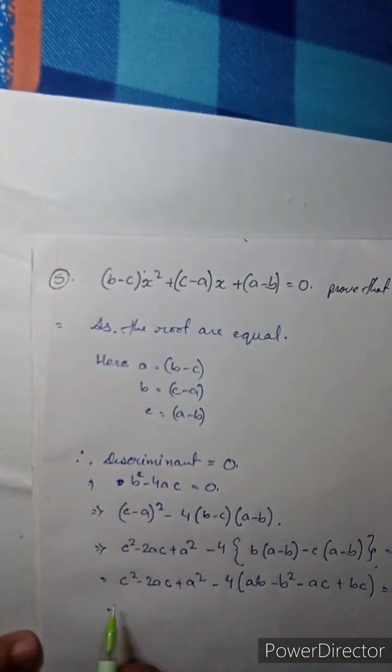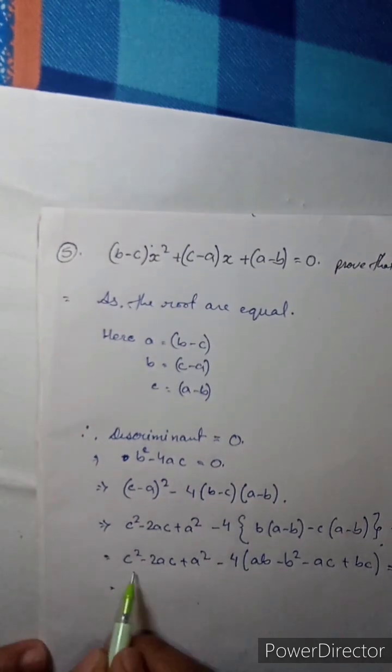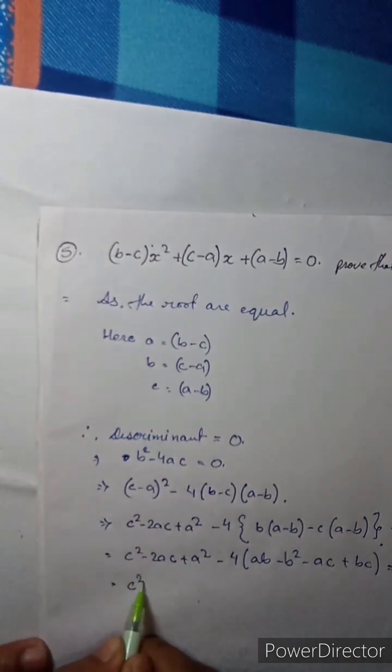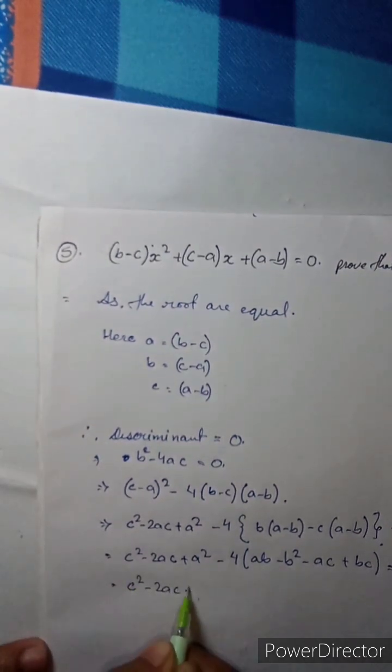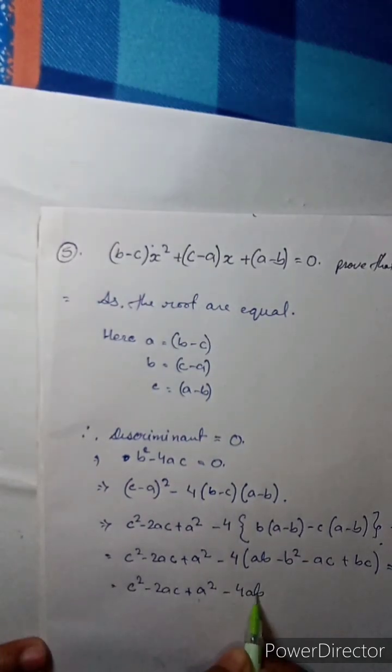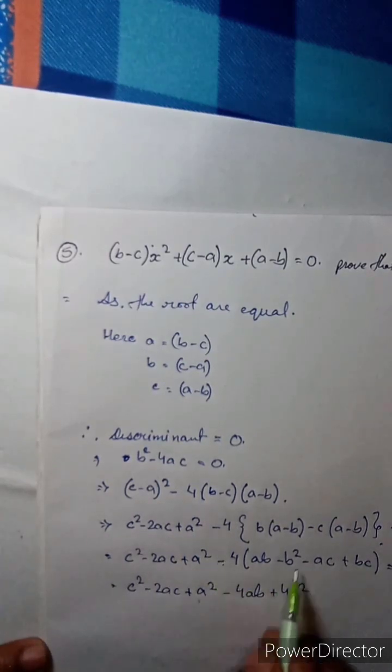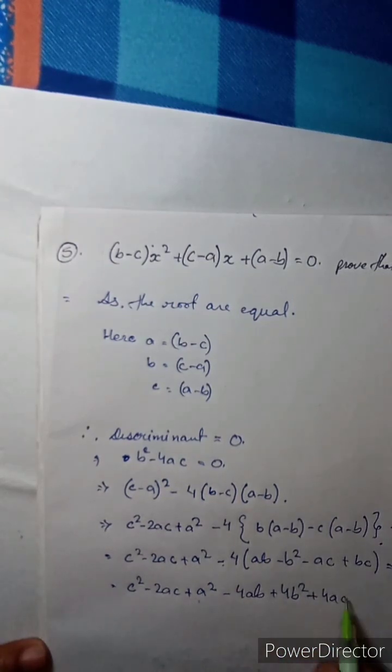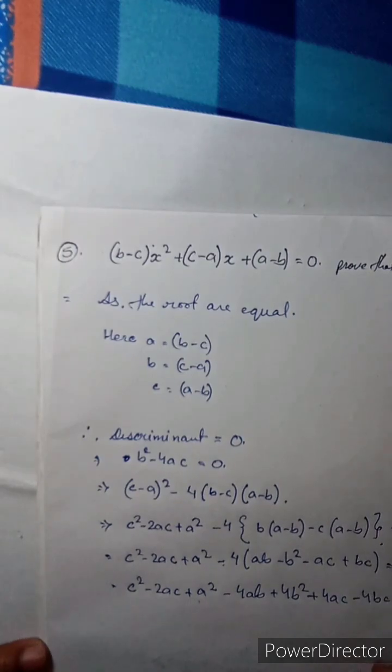So again, I'll open the bracket: c square minus 2ac plus a square, minus 4ab, plus 4b square, plus 4ac, minus 4bc is equal to 0.